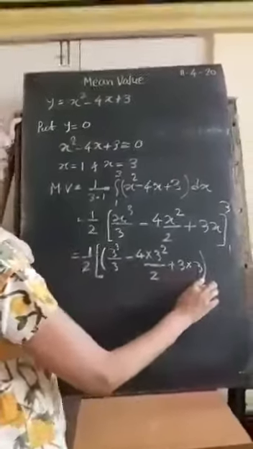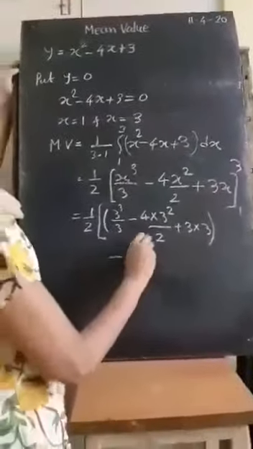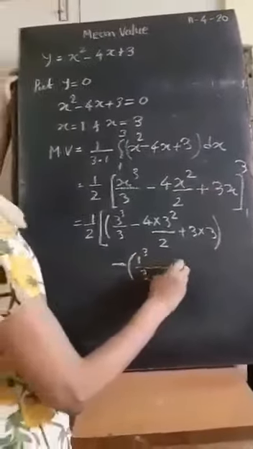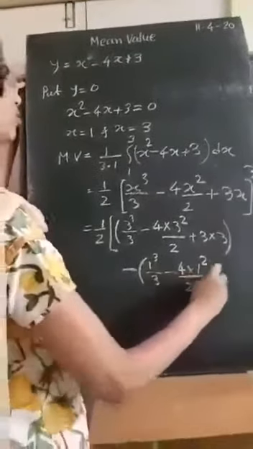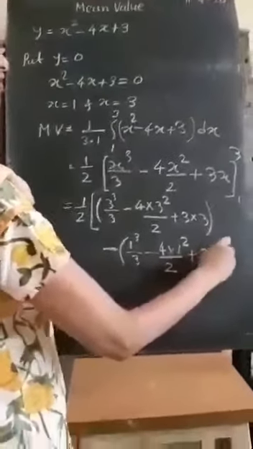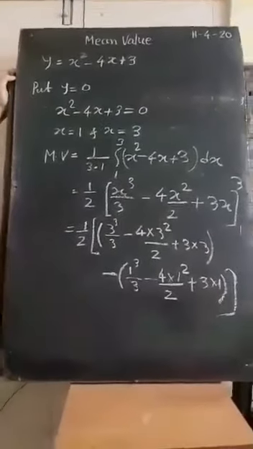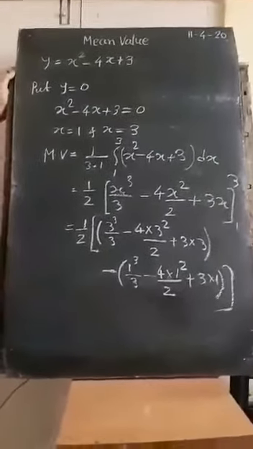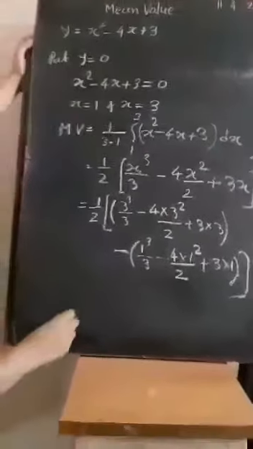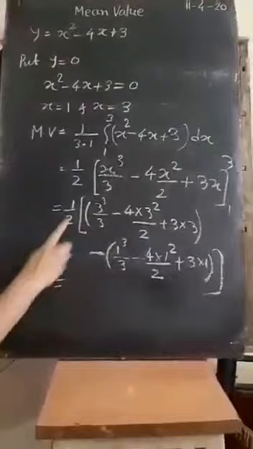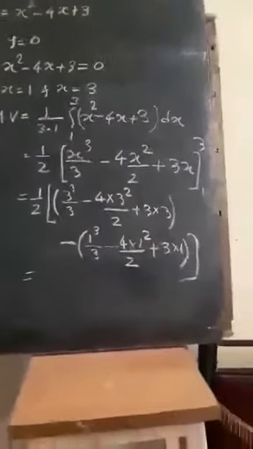This is the upper limit, minus, again round bracket, 1 cube upon 3 minus 4 into 1 square by 2 plus 3 into 1. Okay, so you can simplify this on the calculator. I think I will not simplify this. Whatever you get will be the answer. We can verify that later on.